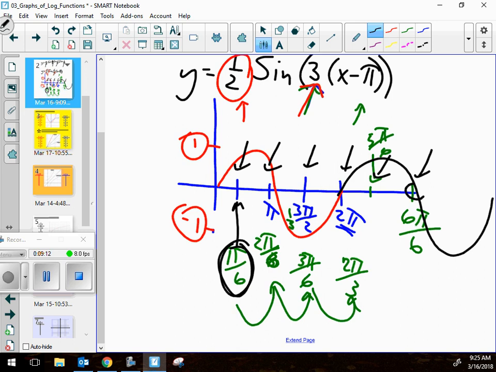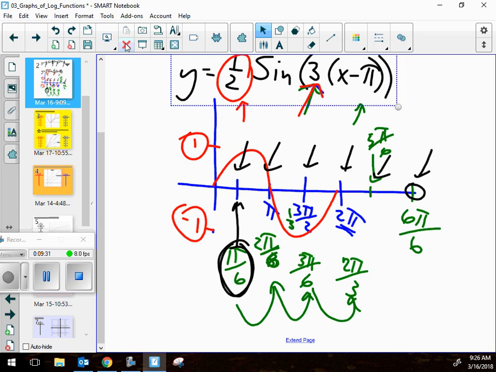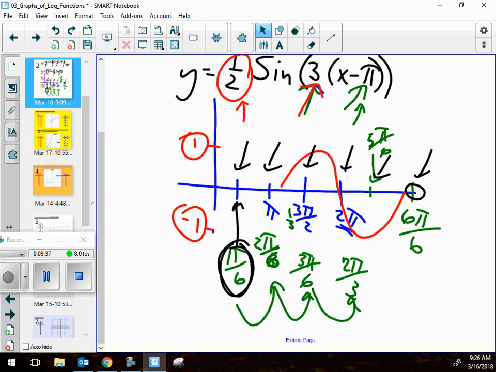And so, there we go. And then my graph starts there at 6 pi over 6. Anyway, I think it's the easiest for you to just take this original graph right here and move it over. How far? Pi. It says right here to move it pi to the right. So then where is pi? It's over there. So now I moved it over pi to the right.